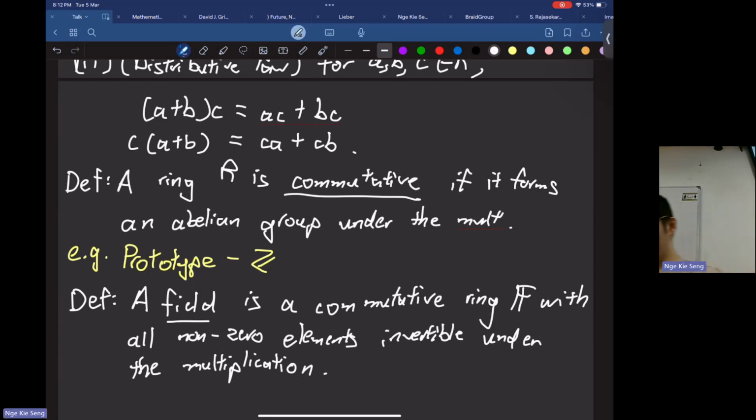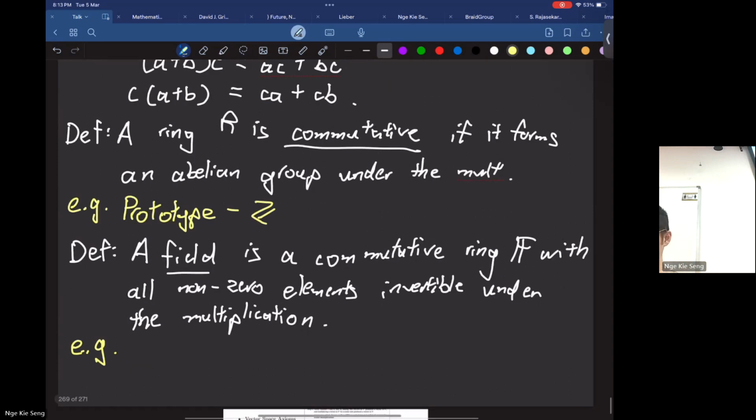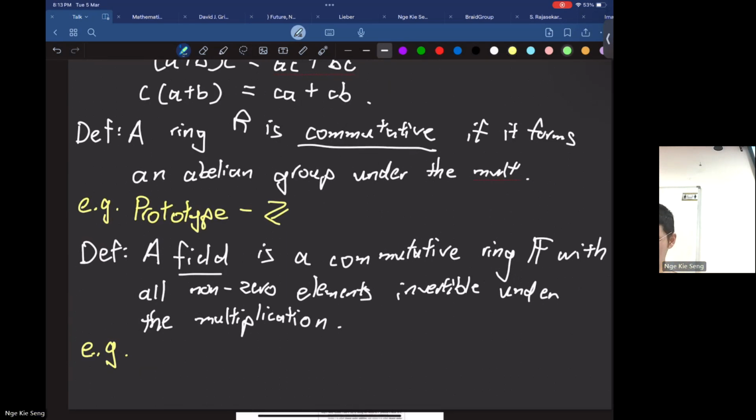So what are the examples here? What are examples of fields? You have to have a set with two operations. You can add, you can multiply. Under addition, it is abelian.